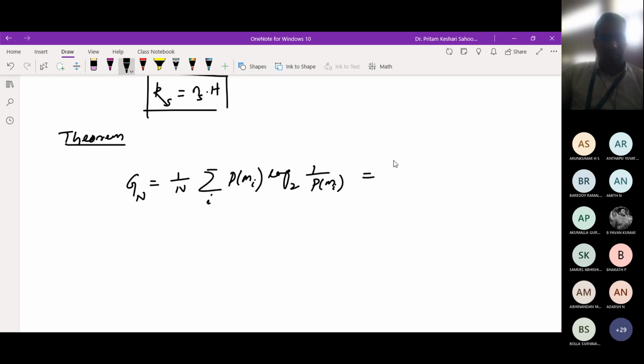So this equals 1 divided by n into average information to the power n. So what does this Gn represent and what does n represent? N represents the number of states. How many states we have, that is the value of n. And as the value of n increases, the value of Gn will gradually decrease. So that we will verify in the next lecture when we take an example based on the Markov process.